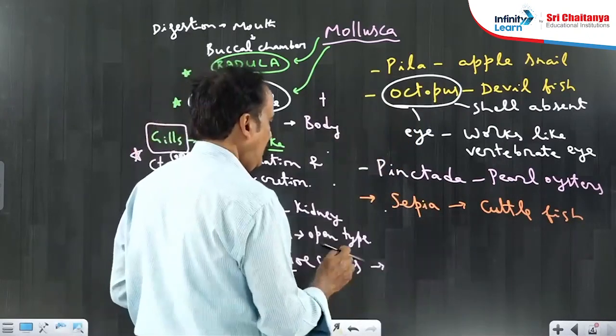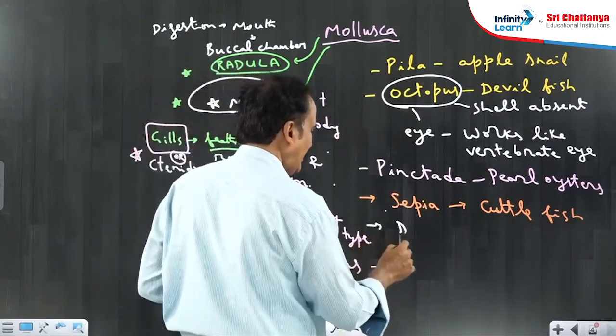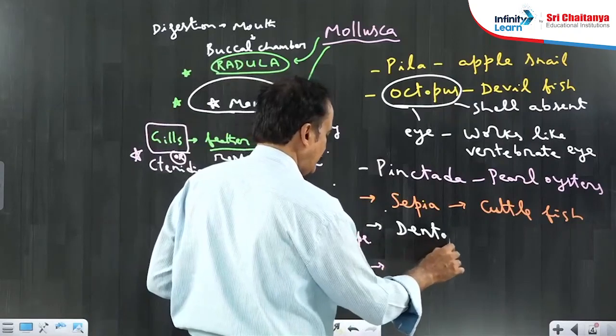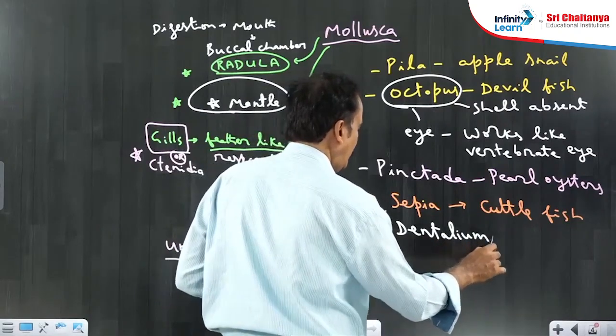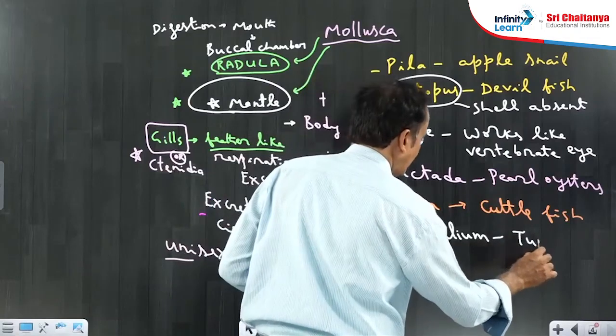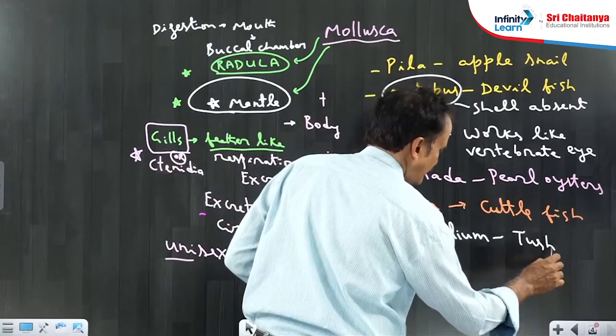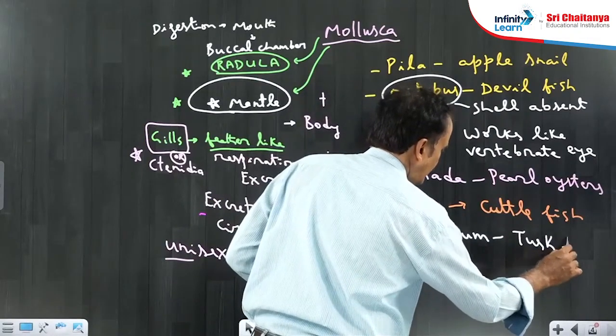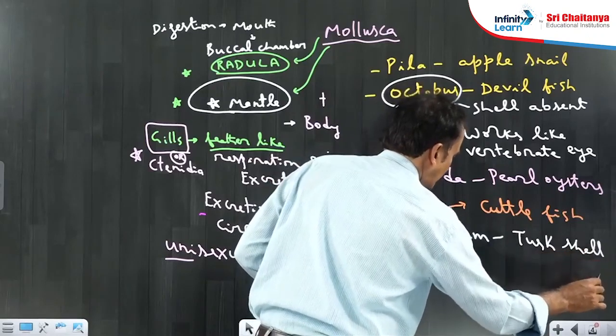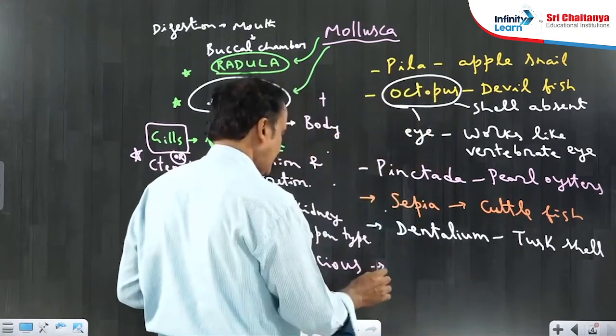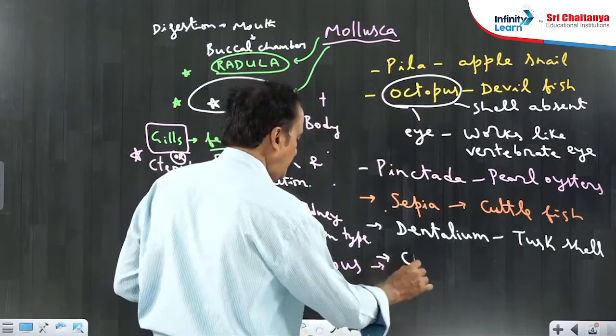Okay. Similarly, we have the animal called Dentalium. Dentalium, the shell will be looking like an elephant tusk. That's why this is called the tusk-shelled animal. You have Chaetopleura.